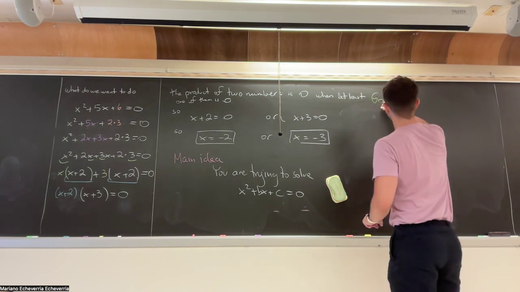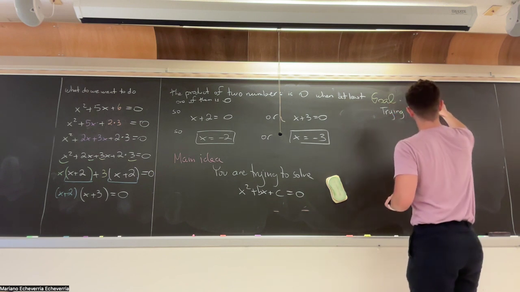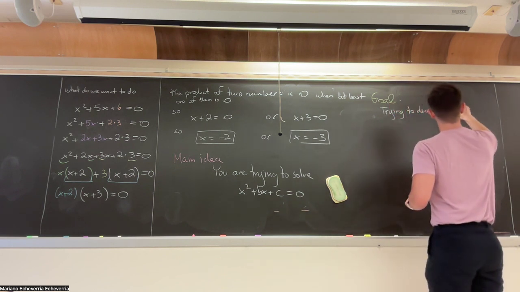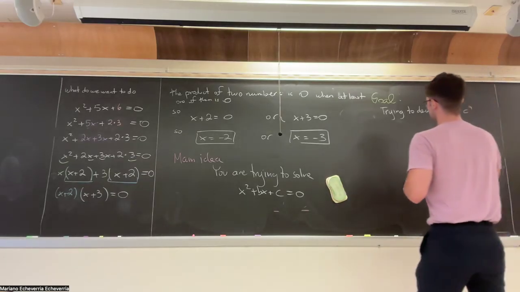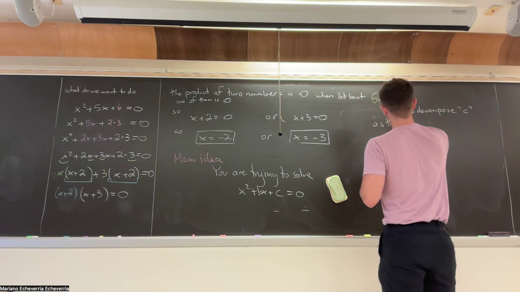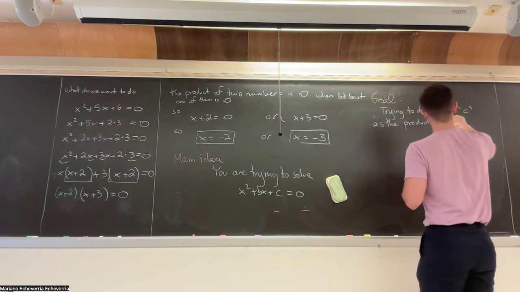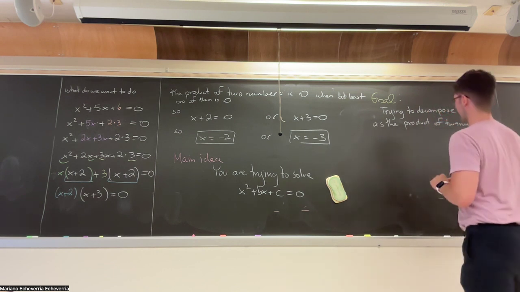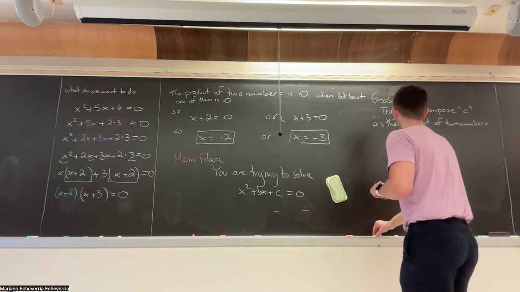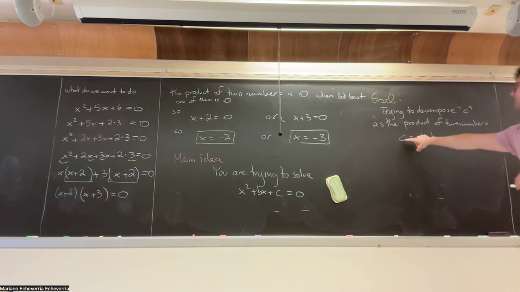You're trying to decompose C as a product of two numbers which add up to B. So as a product of two numbers. So I want to write C as a product of two numbers.